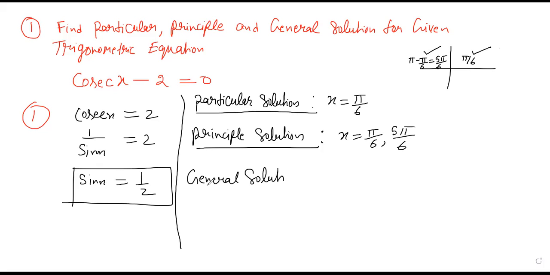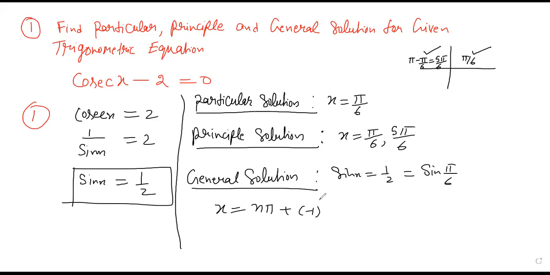Now tell me the general solution. You know the formula already. We know sin x equal to 1/2, and the 1/2 I can write as sin of pi by 6. So sin x equal to sin alpha. So x equal to n pi plus minus 1 power n alpha, where alpha is pi by 6. This is the general solution.